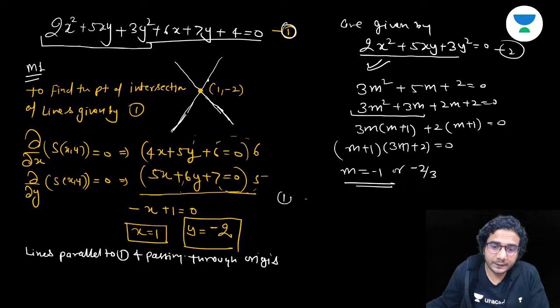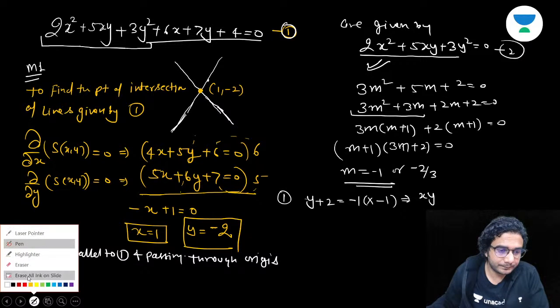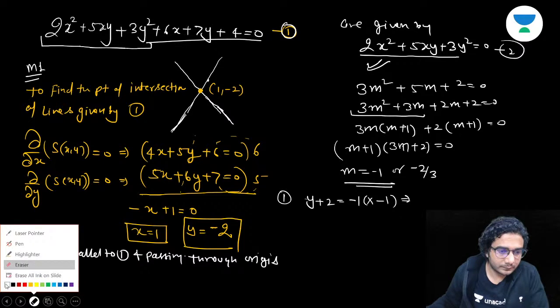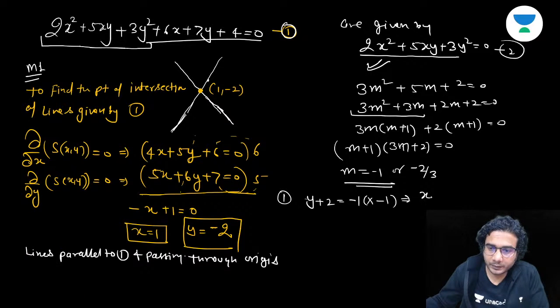So the first line is y plus 2 is equal to minus 1 into x minus 1. If I simplify it, it is going to be x plus y plus 1 is equal to 0.